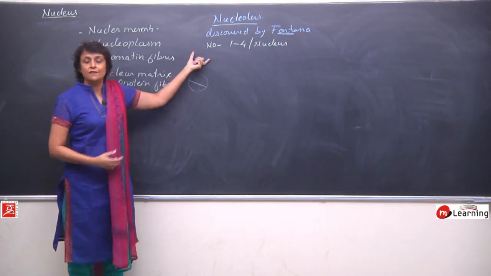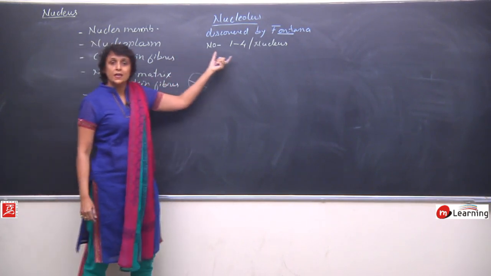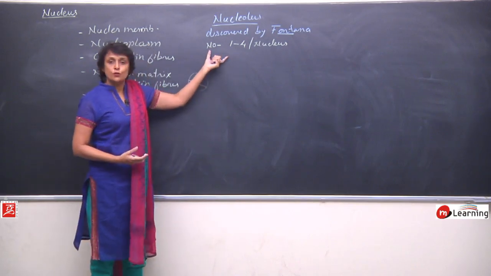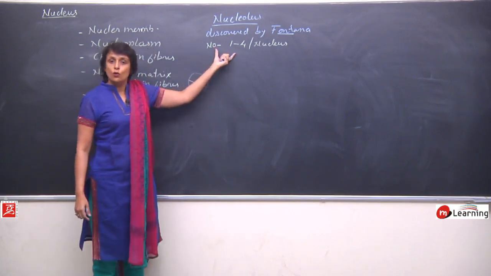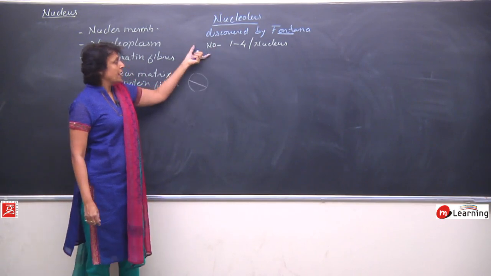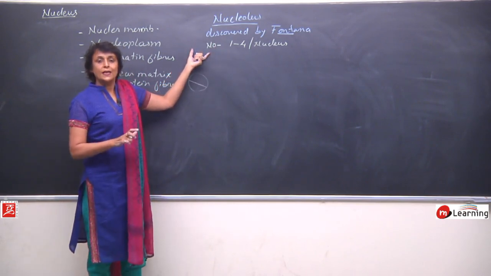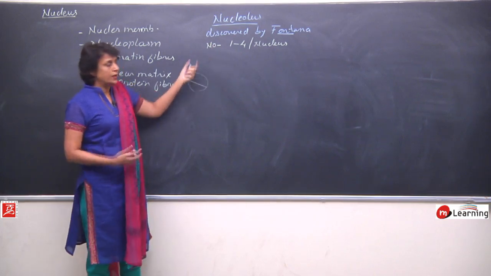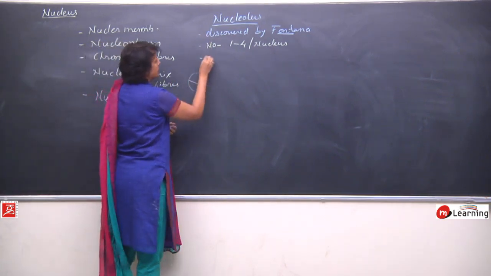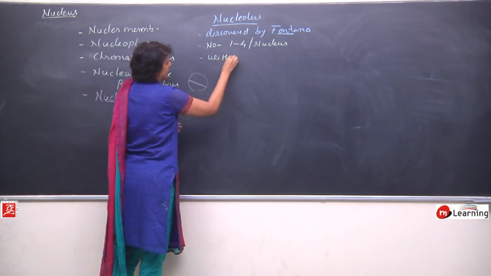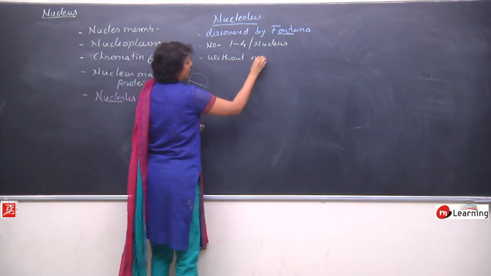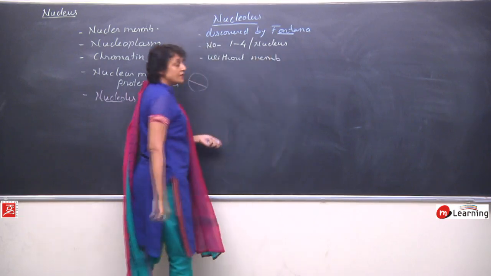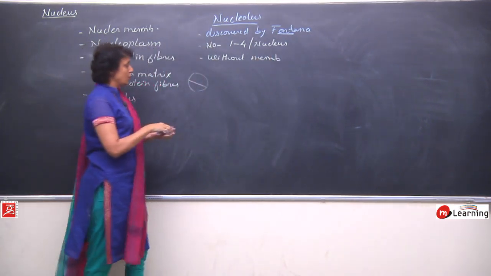If the cell is actively involved in protein synthesis, more RNA and ribosome is to be synthesized, so it would have more number of nucleolus. But normally, if it is a normally acting cell, one nucleolus per nucleus per cell is what is present. It is without membrane. So there is no membrane which is surrounding this nucleolus.